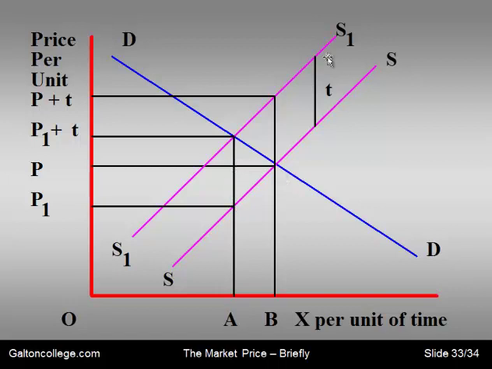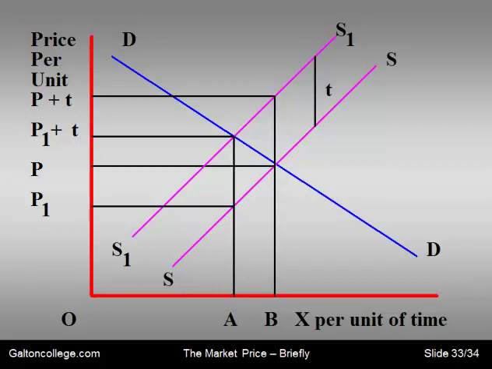So if we take the tax here, we can break this line here into two parts. The amount paid by the consumers and the amount paid by the producers. So we break this one down, and here it is down here. It's the same length, it's the same line, except this part down here is now paid by the producers, and this part up here is paid by the consumers.